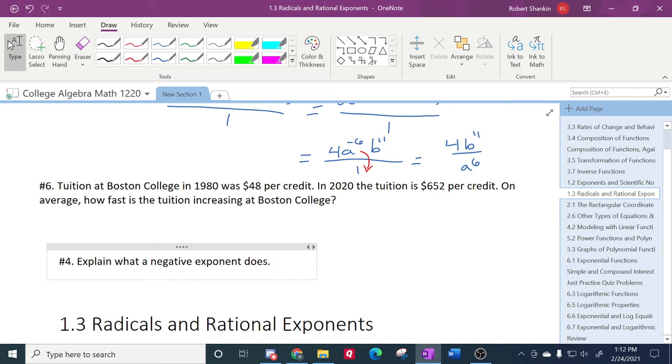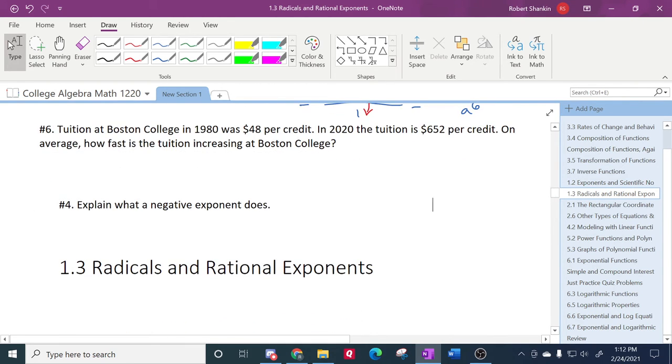And let me ask if there's anybody that's got an idea that might work here. What does a negative exponent do? Go ahead and use your mic if you've got an idea, might get us started.